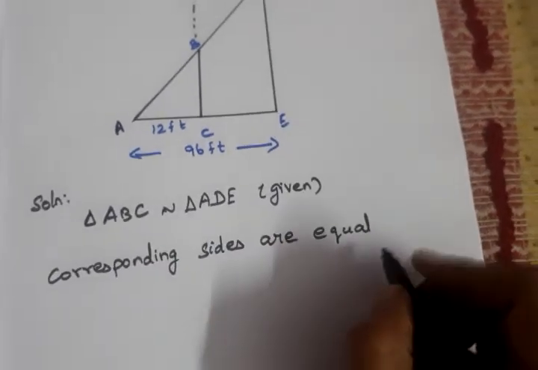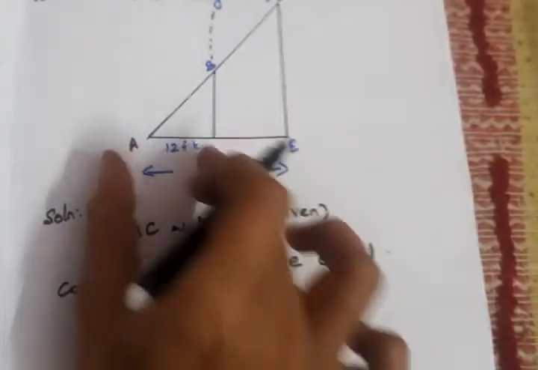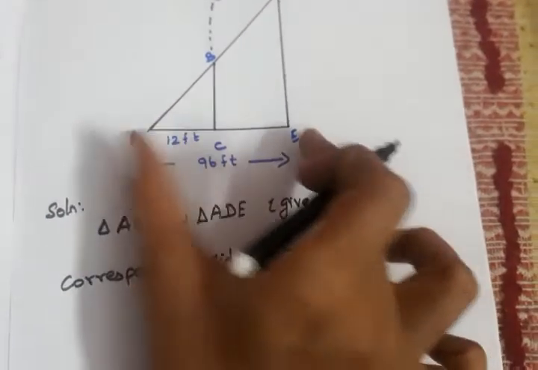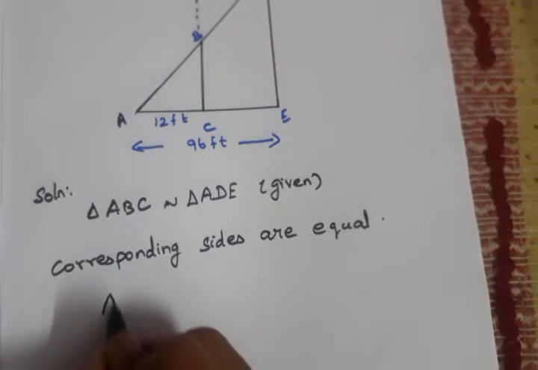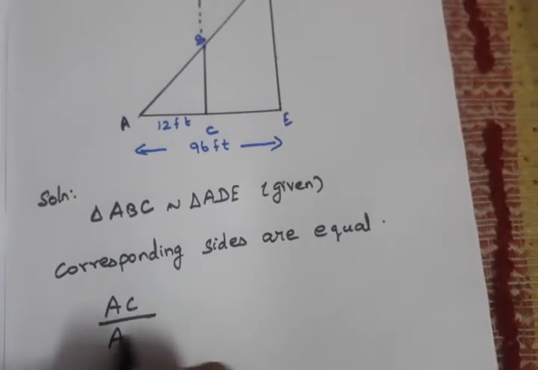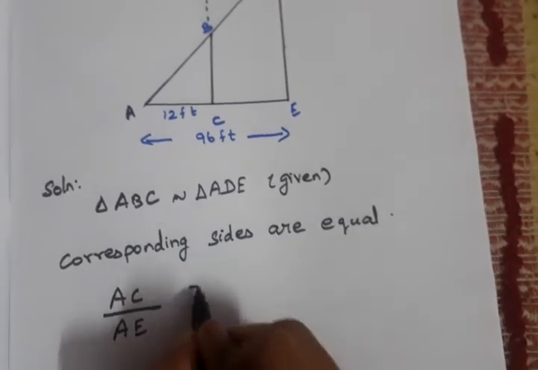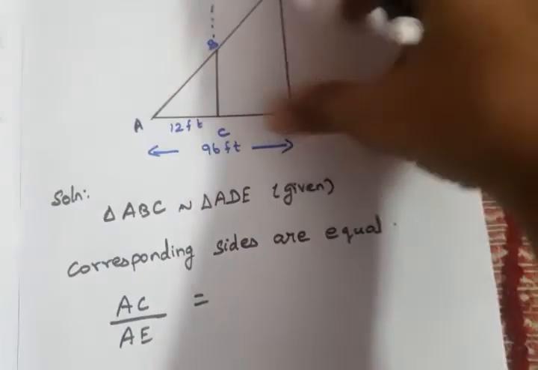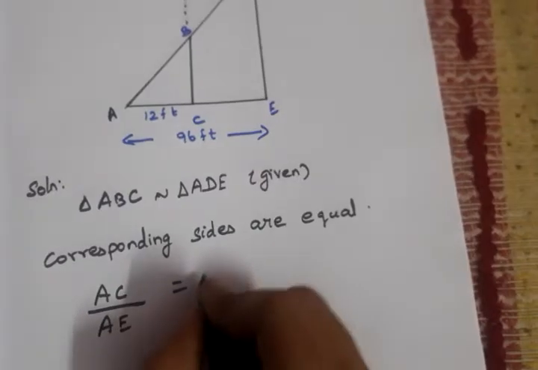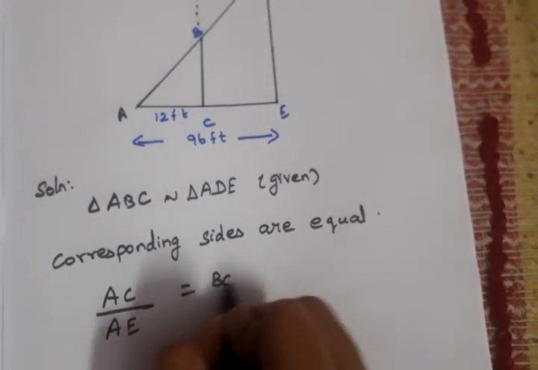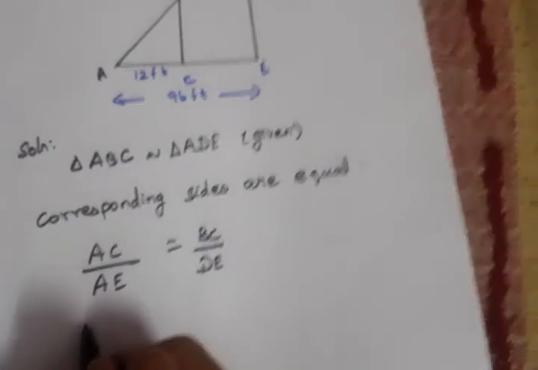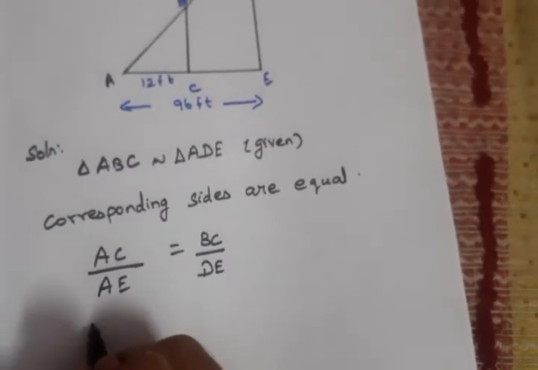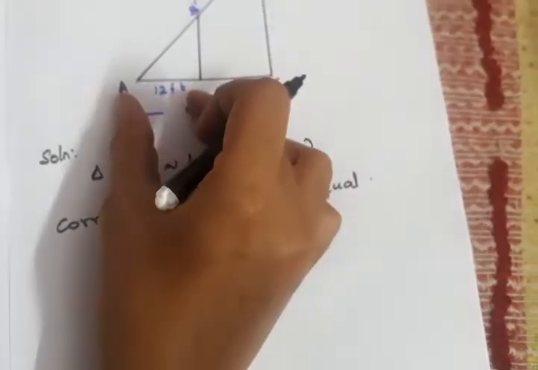Then next, AC divided by AE equal to BC divided by DE. Okay. Then AC value is 12 feet.